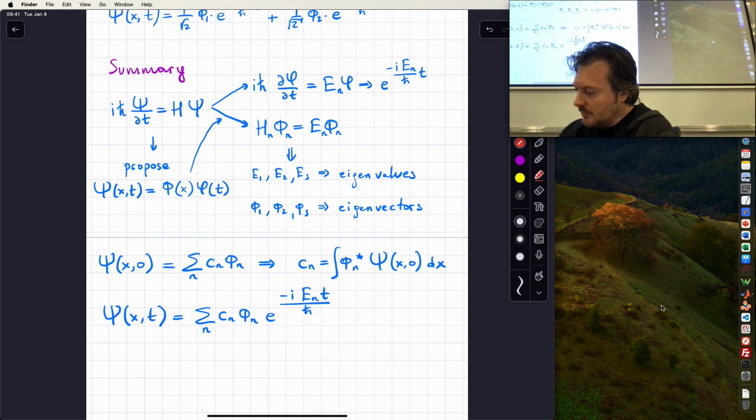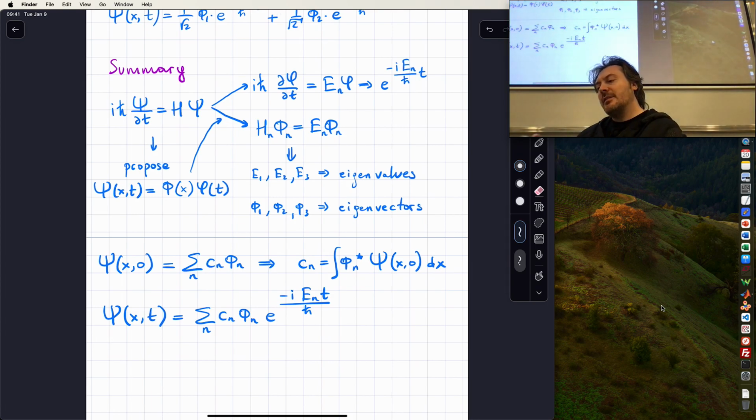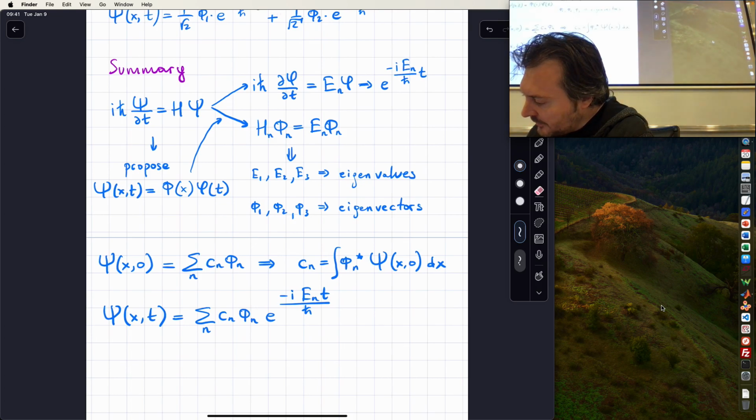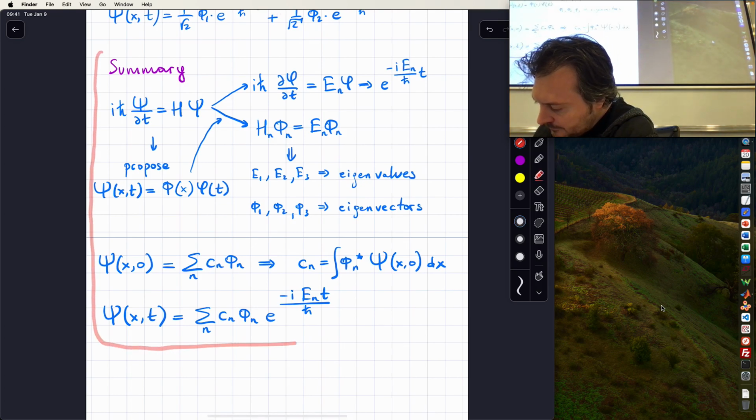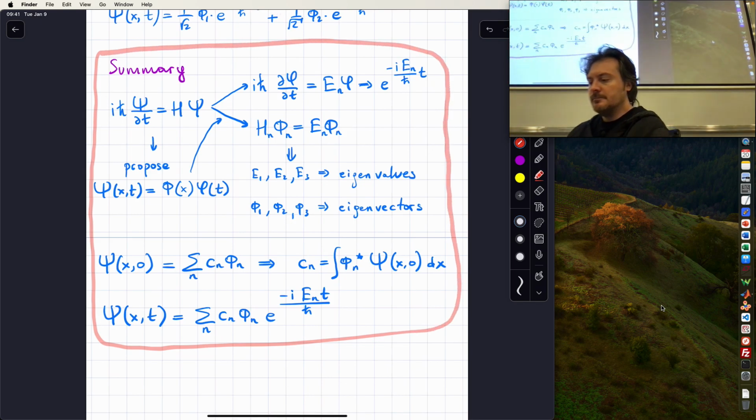This basically summarizes the propagation part, right? What happens to the wave function as it propagates. Do you have any questions at this point? Okay, no questions. So let's talk about these Cn's.